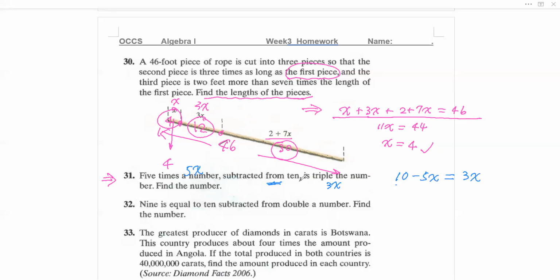Subtract from 10 means 10 minus 5x. If subtract 10, it means 5x minus 10, right? A little bit different. Be careful about this one. Okay, so we move this one to the right, so 10 equals 8x. So both sides minus 5x, plus 5x, right? So x gets 1.25, right? All right, 32.